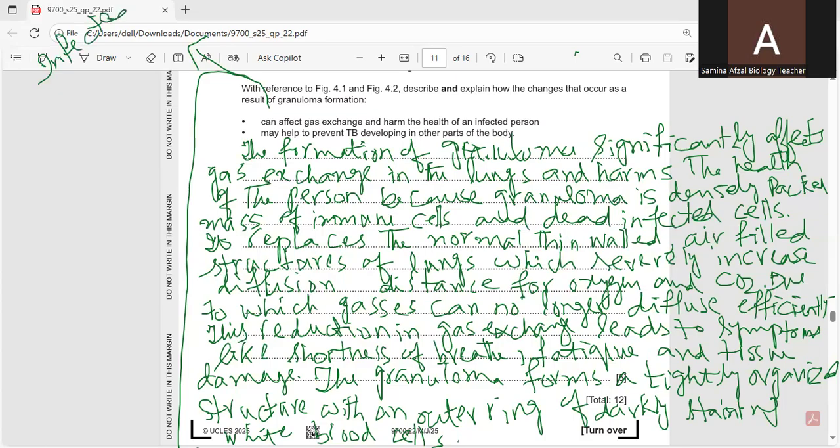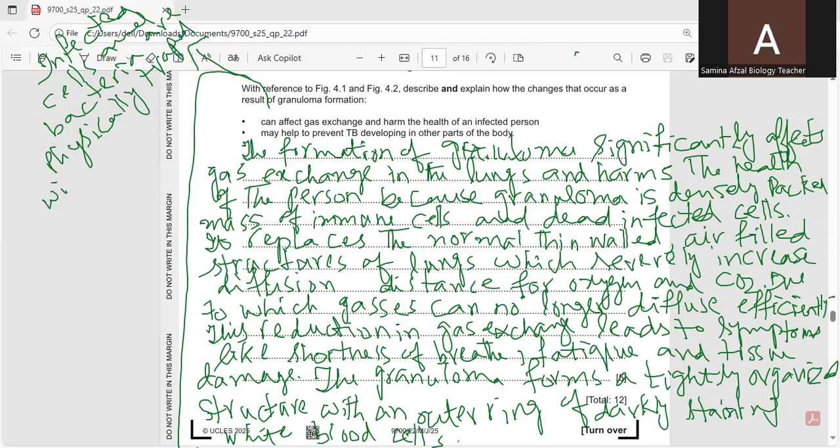Infected cells and bacteria are physically trapped within the center of the granuloma.